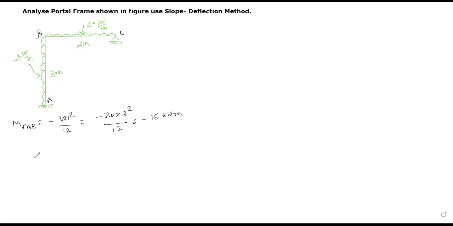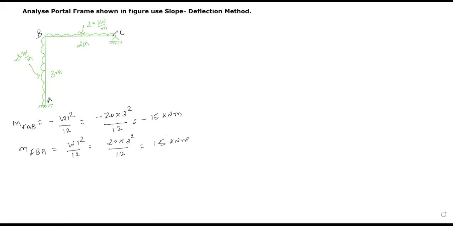I hope it is clear to all of you. Similarly, MFBA, your equation will remain the same. That should be equal to plus WL square by 12, and that is 20 into 3 square by 12, and that is plus 15 kilonewton meter.